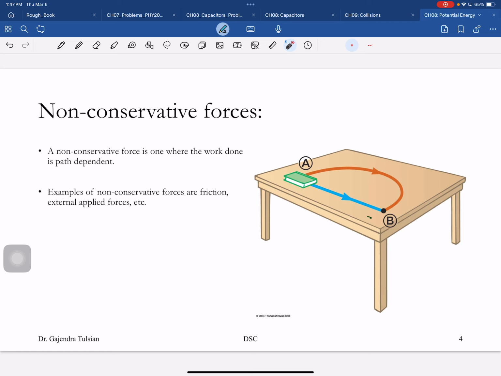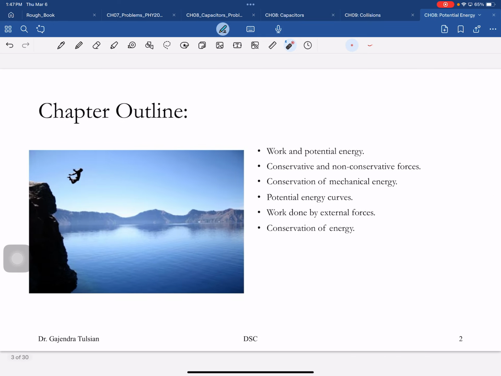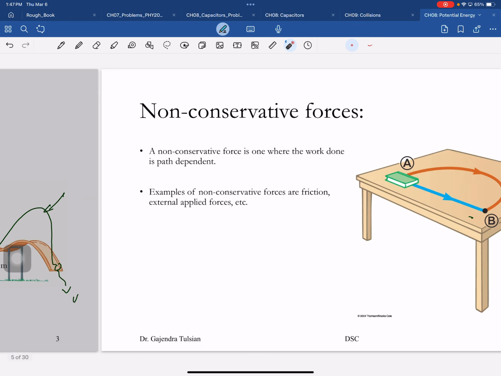Friction, and all the others except for those three that you named. Friction forces, your car force, the force you're applying on the ground when you walk, and all that kind of stuff. So there are more non-conservative forces. You guys understand? Okay, so that's what this chapter is about.